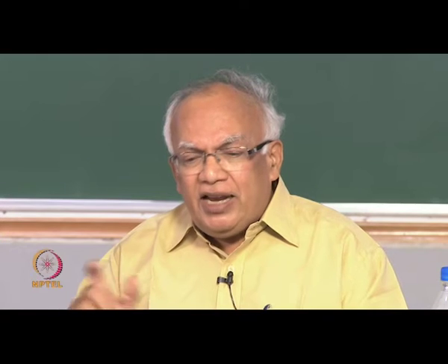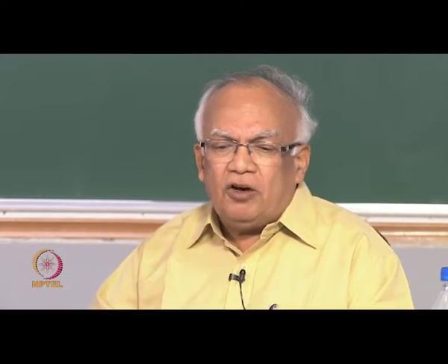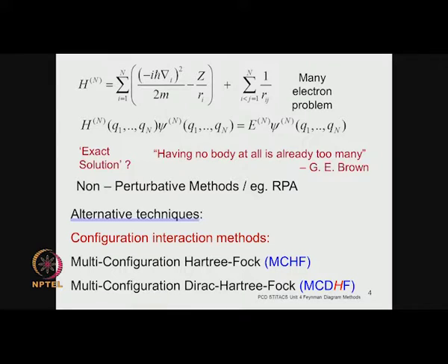So, if the Slater determinants are made up of these 4 component bispinors, then you have what we call the multi-configurational Dirac-Fock, and more correctly it should be called multi-configurational Dirac Hartree-Fock.